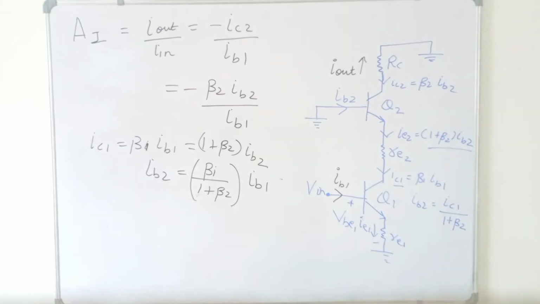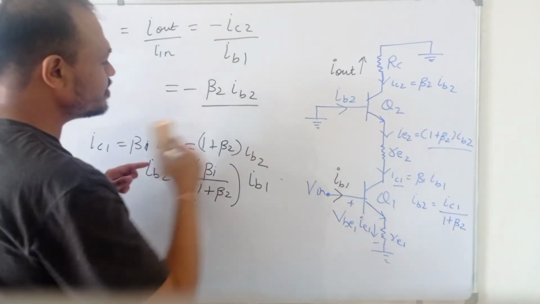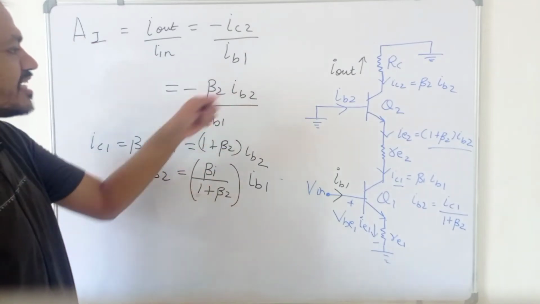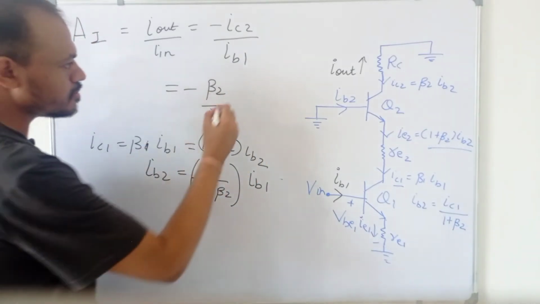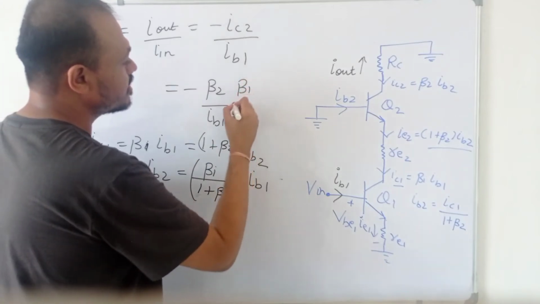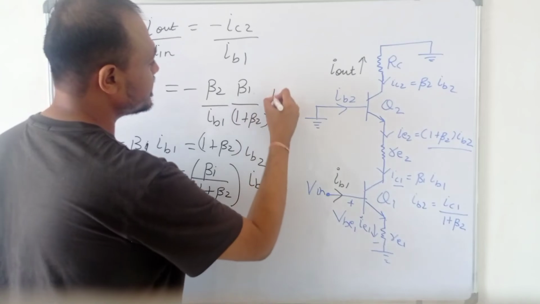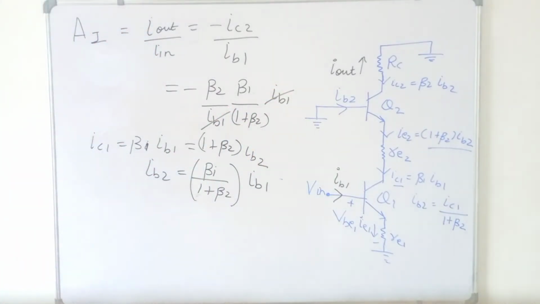If you put the value of IB2 in this equation, this will be equal to beta 1 upon 1 plus beta 2 into IB1. This IB1 and this IB1 will get cancelled.